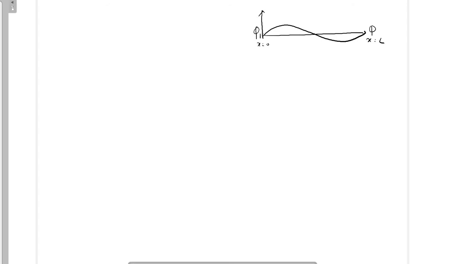At x equal to L it is phi 2. In the same way, the nodal force at x equal to 0 is F1y and the displacement at x equal to 0 is referred to as d1y. Similarly, at node 2, the nodal force is F2y and the displacement is d2y.